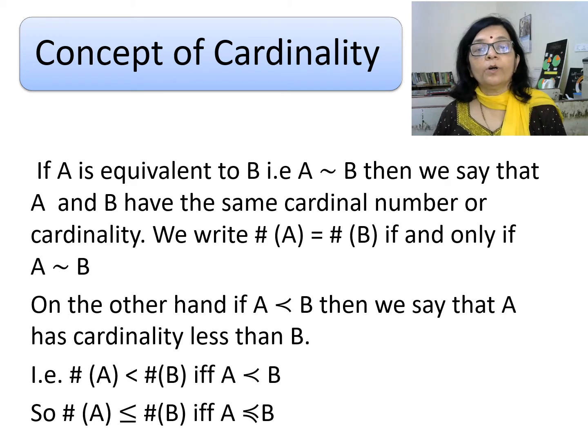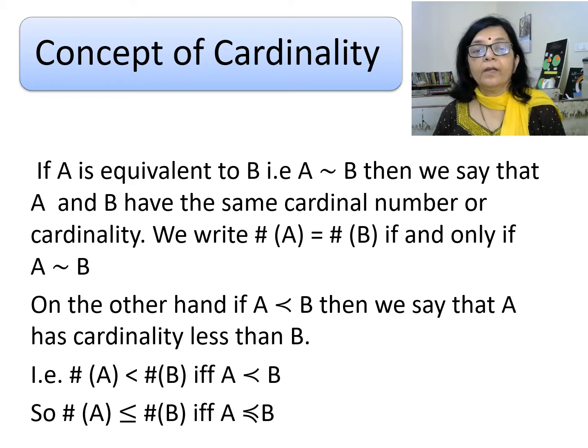Now, the concept of cardinality. If A is equivalent to B, then we say that A and B have the same cardinal number or cardinality.